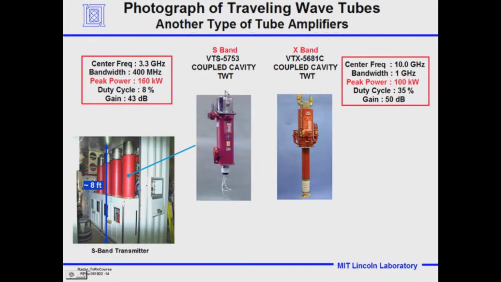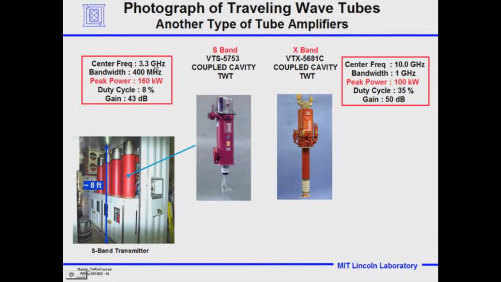Okay. There are other types of tubes called traveling wave amplifiers, TWTs, traveling wave tubes. And here are pictures of 2 of them. They also happen to be built by Varian. One at S-band and one at X-band. And let's just first look at this S-band traveling wave tube.